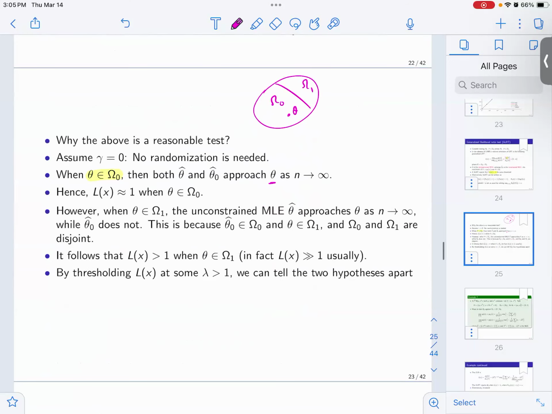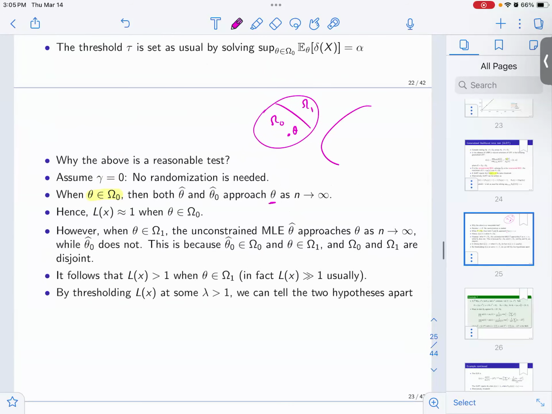Under the alternative, theta would be here, not here. So theta hat naught is restricted to be in this part of the space. So it's never going to be able to approach theta. It's going to try to approach it, but it's going to hit the boundary.